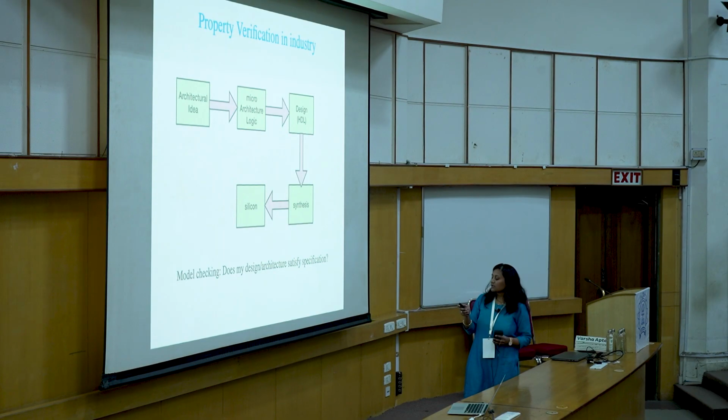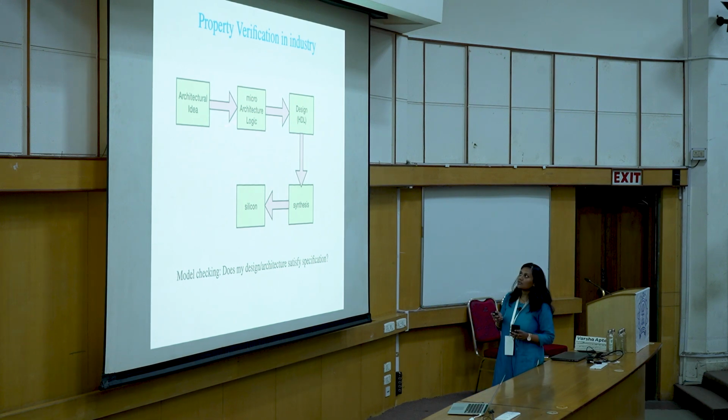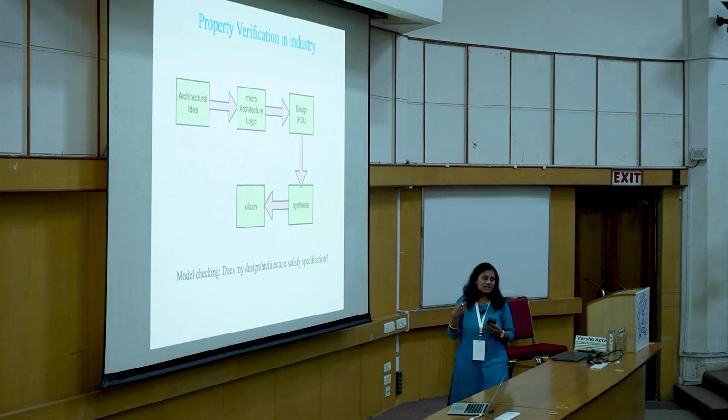We saw this life cycle. Currently formal verification has become mandatory here, but if we push it and do a shift left, that is, we do formal verification here or here, then the issues that can be caught will not go into the further cycle. So it will save a lot of time and human effort.